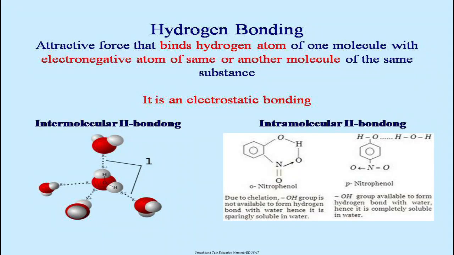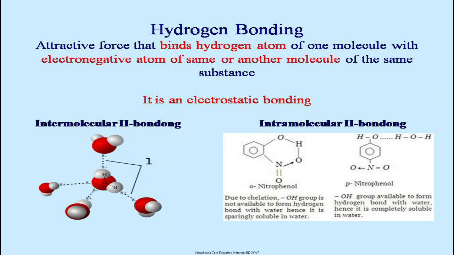What is intermolecular hydrogen bonding? Intermolecular hydrogen bonding is the bonding between two different molecules. The hydrogen of one molecule gets attracted to the most electronegative atom of another molecule.